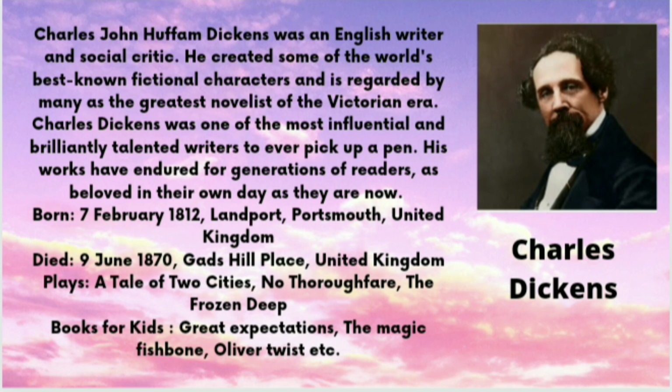Apart from novels, he was also known as a writer for kids. His exceptional work we can see in Great Expectations, The Magic Fishbone, Oliver Twist, and of course A Christmas Carol.